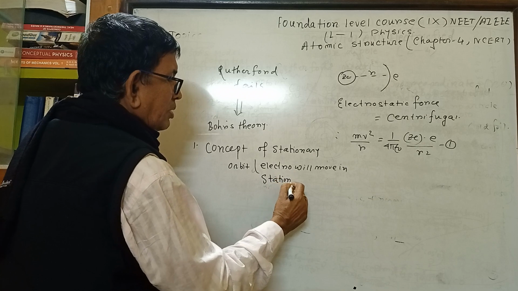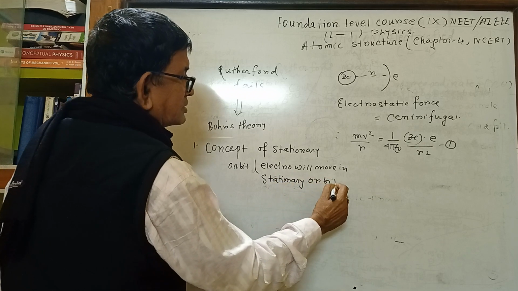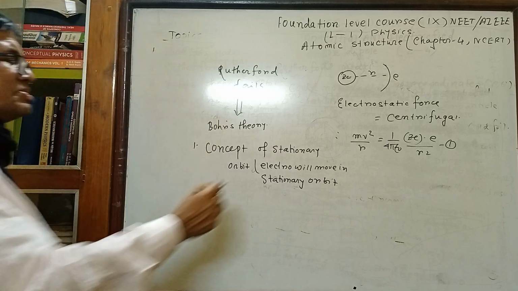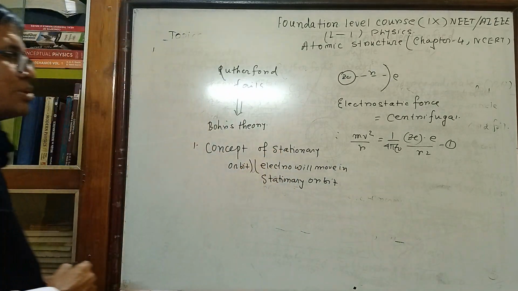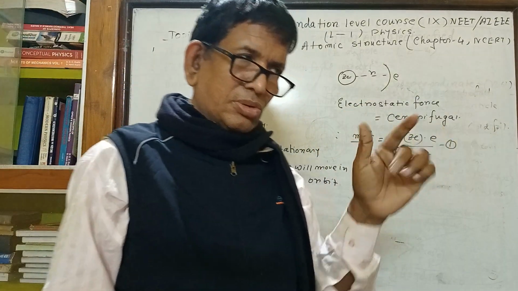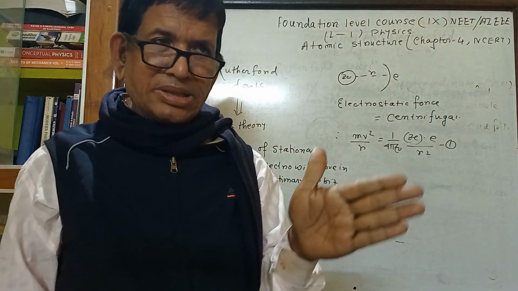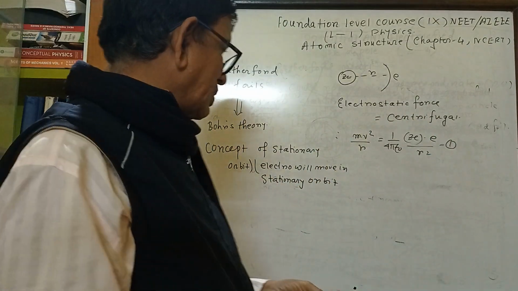What does it mean? The electron will move in a stationary orbit. A stationary orbit is an orbit where the electron moves in a circular path and no electromagnetic energy is radiated.